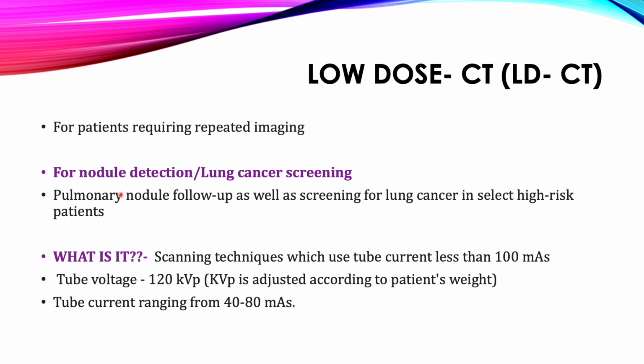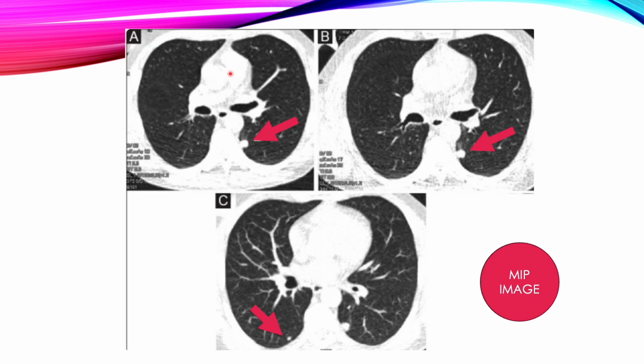So here, for pulmonary nodule follow-up and screening, we can use it. What is it actually? Here the radiation exposure is less. So you would use tube voltage 120 or lower, and tube current should be 40 to 80 milliamperes, and that's called a low dose CT scan.